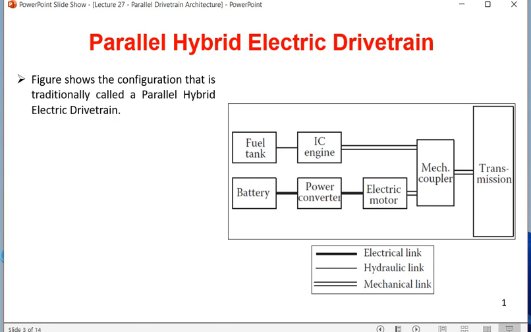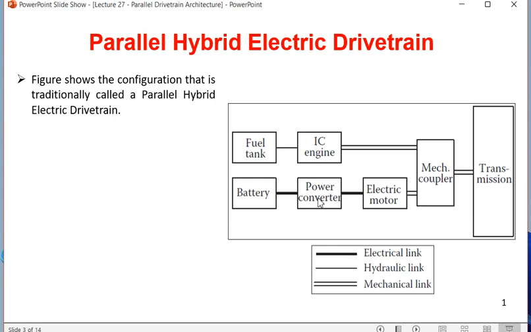The output of the battery is electrical in nature. In this diagram also the same convention is followed. Double line is for mechanical link, thin single line is for hydraulic link, which is nothing but the output of fuel from the fuel tank to the IC engine, and dark single line is electrical link. So from the battery, which is a high specific power source, electrical energy is going to the power converter.